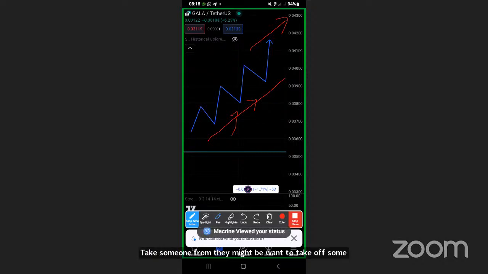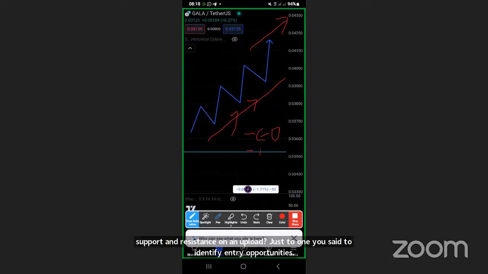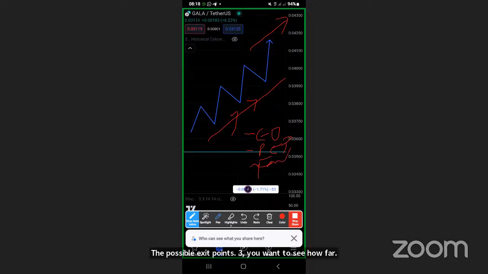Now, as a trader, why is it very important for you to draw this support and resistance on an uptrend? One, we said, to identify entry opportunities and possible exit points. Three, you want to see how far that uptrend is going to go, because at a certain point the market price is going to reverse.